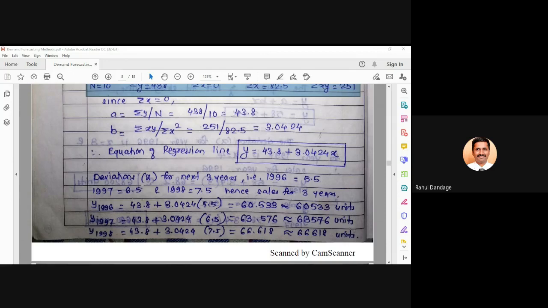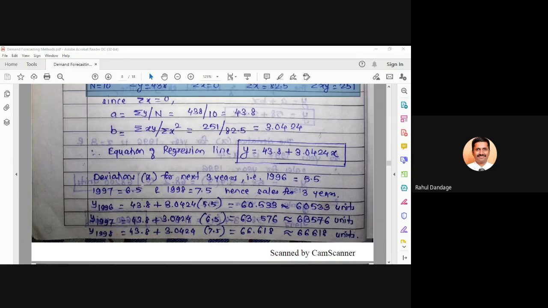Similarly, if we have even number of periods given, consider the two central periods, midway between them is your origin, assign 0 to that, then your x values will be in terms of 0.5 and minus 0.5 on either sides. So you will have 0.5, 1.5, minus 0.5, minus 1.5 on other sides. They will be mirror image, because ultimately what we want is that summation x is equal to 0.